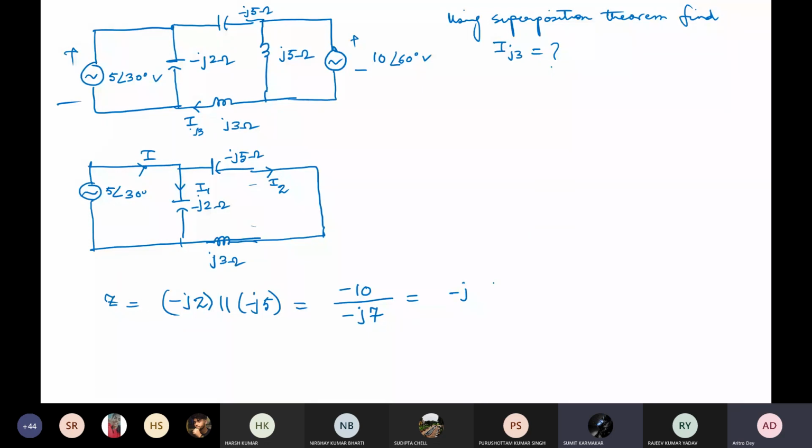So minus J 10 by 7 comes out to be 1.4285. Okay. So this is your effective, no, I made a mistake. This J3 ohm again I missed out.